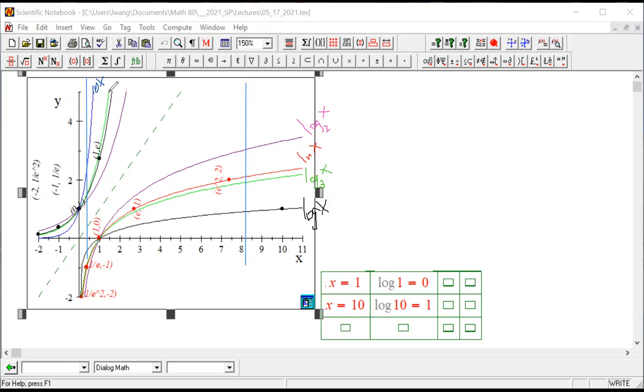The green is 3 to the power x. The black is e to the power x. And the purple is 2 to the power x.